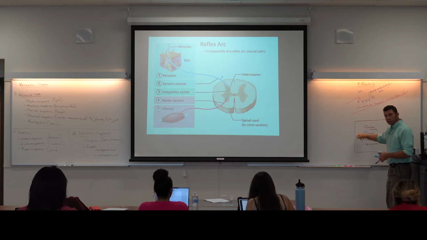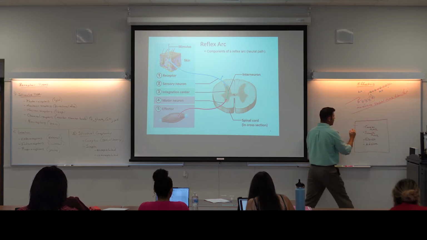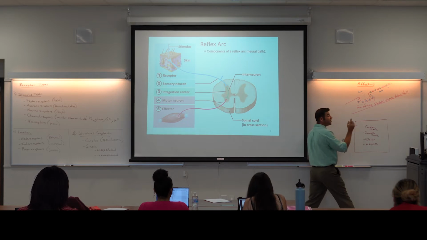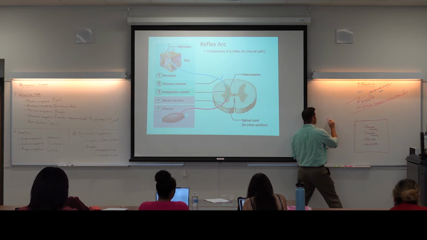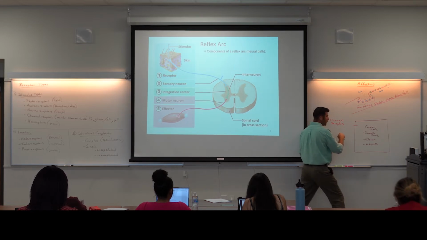How these are controlled by the sympathetic nervous system: there are receptors on here that I'm going to list in a red color, and I'm going to call this entire category of receptors adrenergic receptors. So adrenergic receptors are receptors that bind adrenaline.